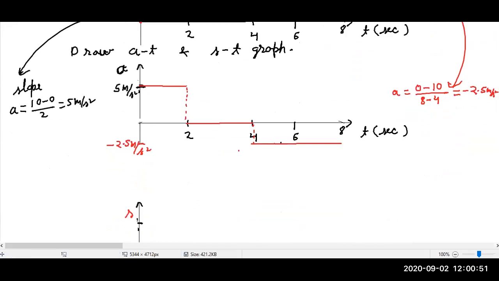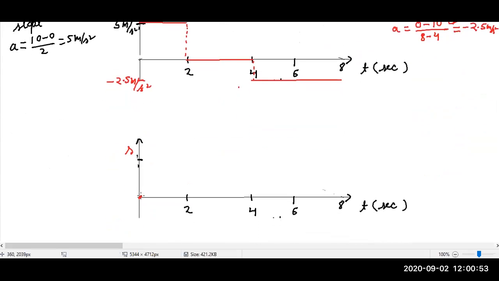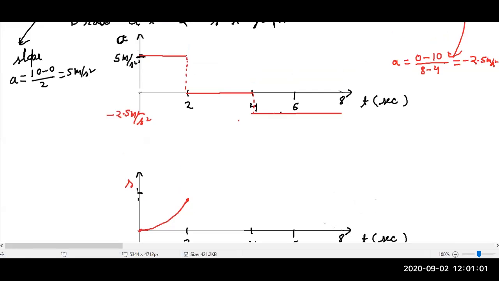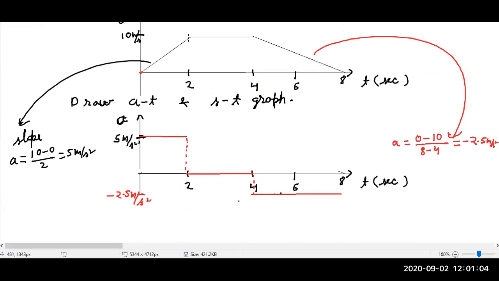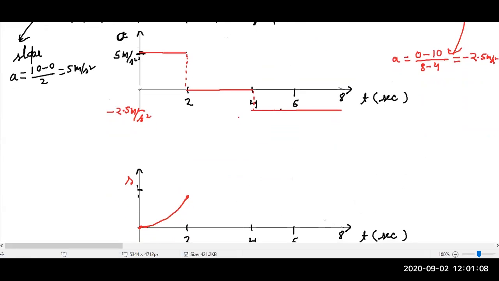So as we move forward, the velocity will keep on increasing. So it will start with 0 slope, and it will keep on increasing, and here the slope will become 10 meter per second. Okay, and then it will continue to be like this, up to 4.